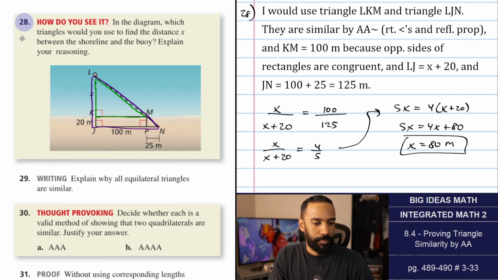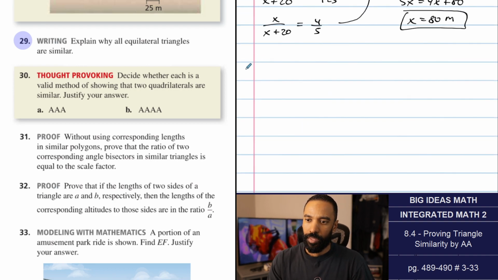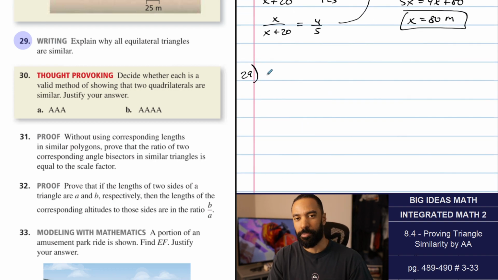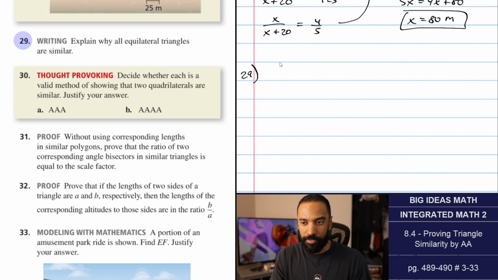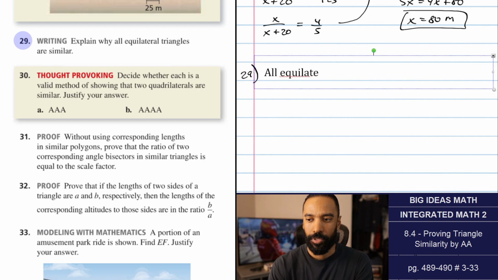Number 29. Explain why all equilateral triangles are similar. All equilateral triangles are similar because all equilateral triangles have 60-degree angles.